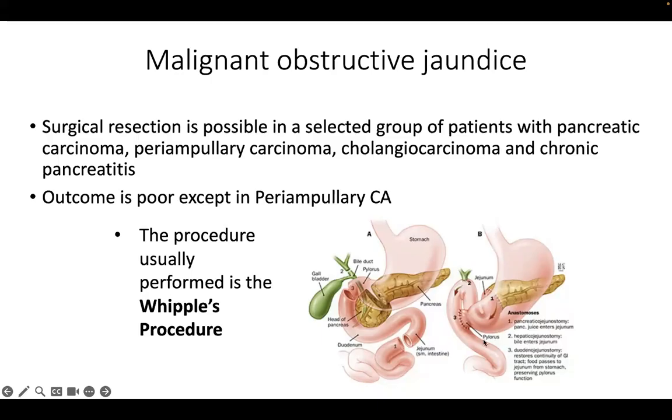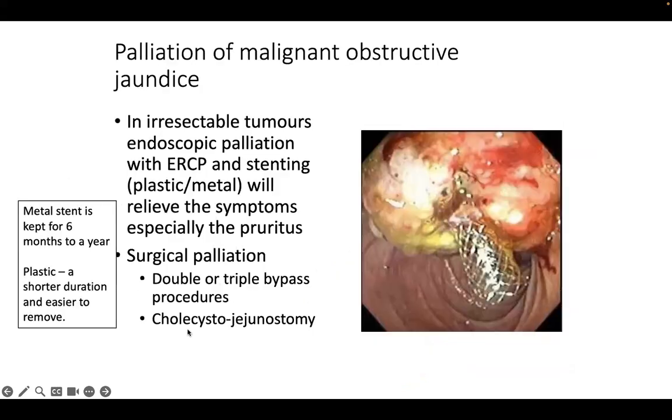And a duodenojejunostomy, that restores the continuity of the GI tract. So the food will pass through the jejunum from the stomach, preserving the pyloric function. So you don't necessarily need to know this in detail, just know what the procedure is that you do for periampullary carcinoma.